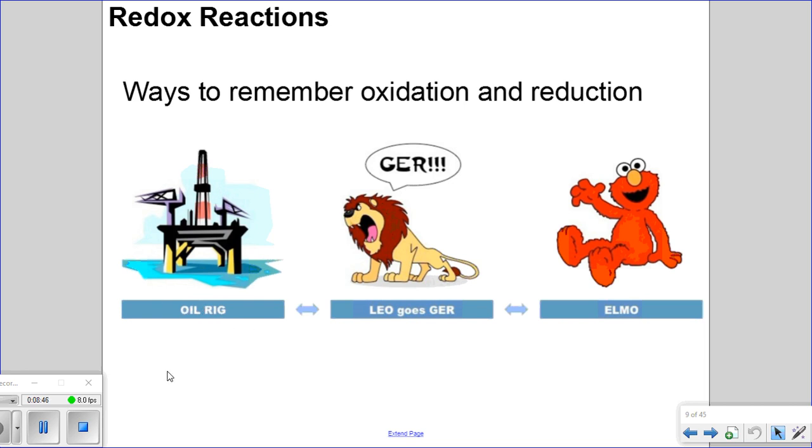Now, if you're offended by fossil fuels and the idea of oil deeply insults you, then you can remember LEO the lion goes GER. LEO, loss of electrons is oxidation, and GER, gain of electrons is reduction. So LEO the lion says GER. And if you find lions scary, well, then you can remember the phrase ELMO. Electron loss means oxidation.